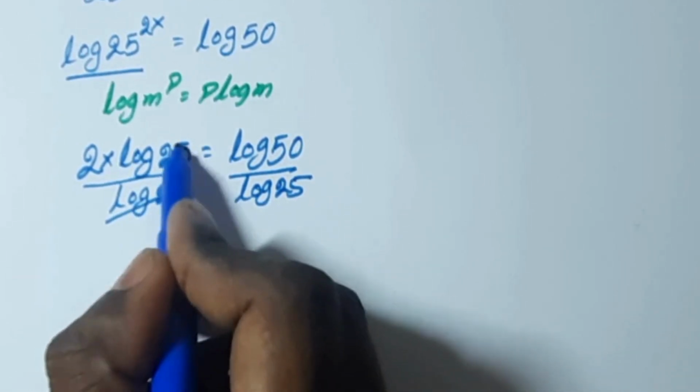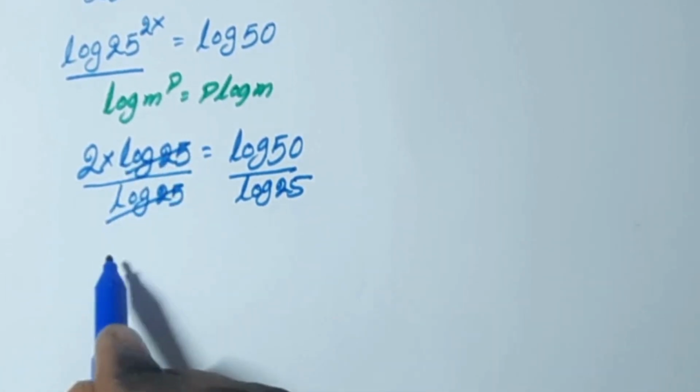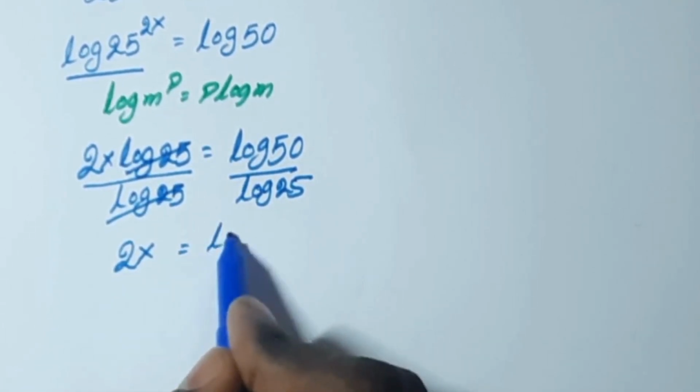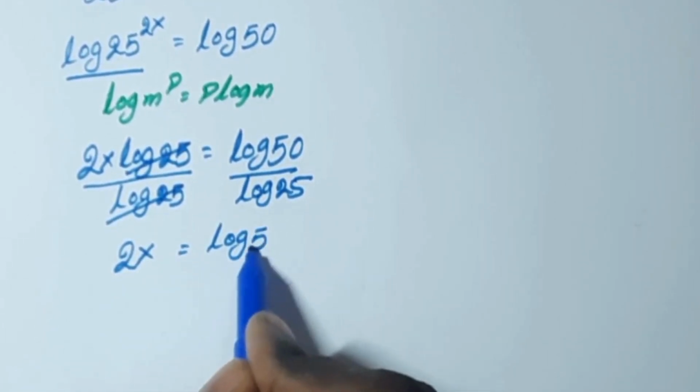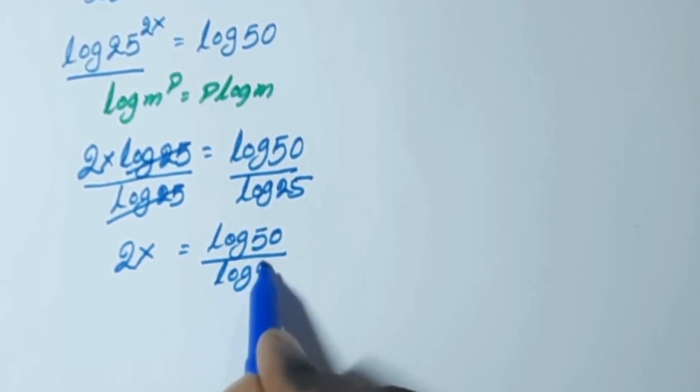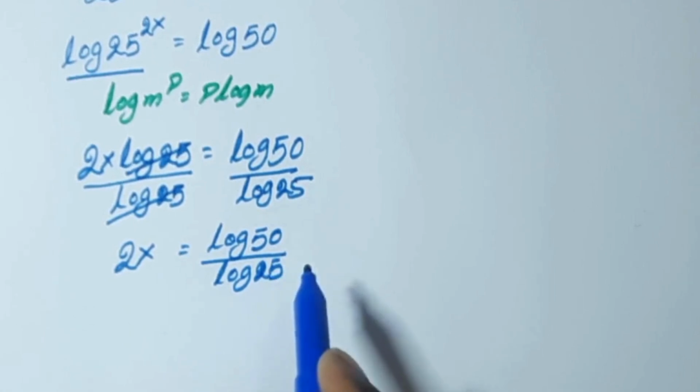This log 25 cancels this log 25. So we have 2x equal to log 50 by log 25.